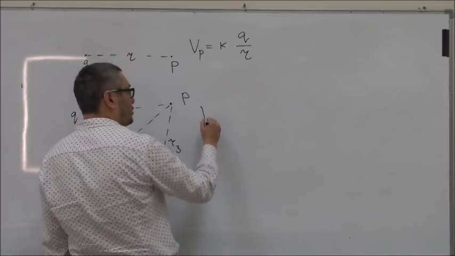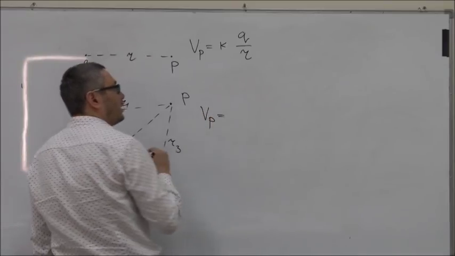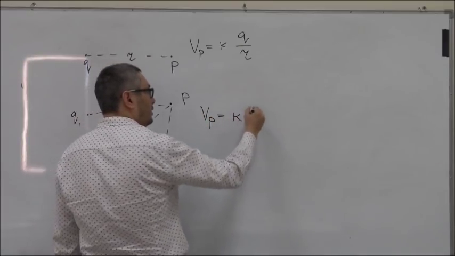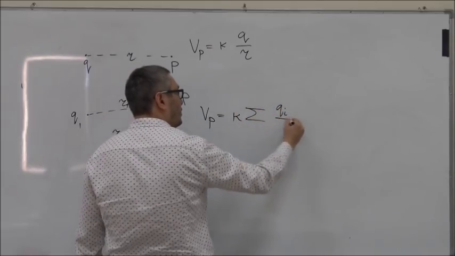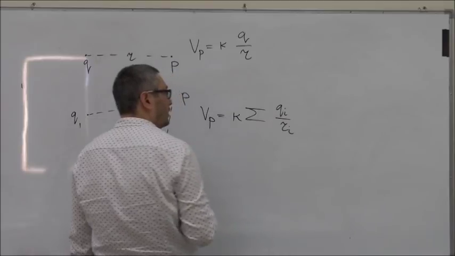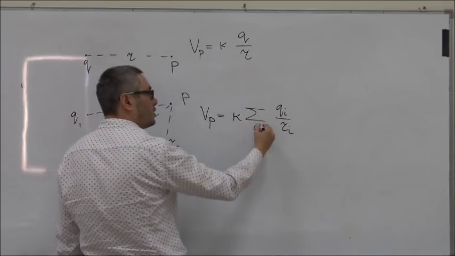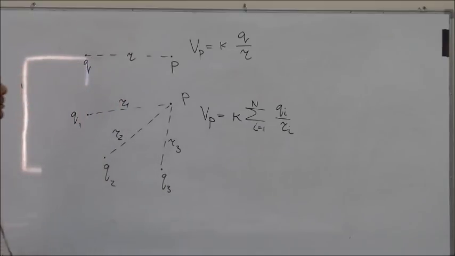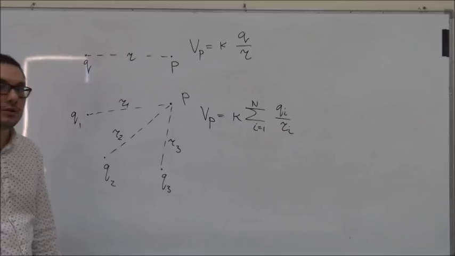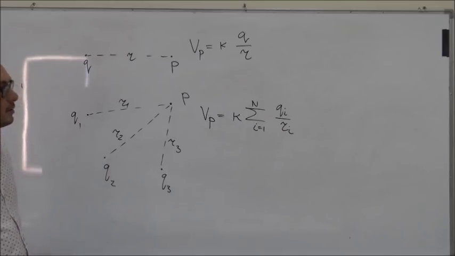So the electric potential at point P would be equal to K times the sum of all the Qi over Ri, where i is changing from 1 to n, if we have n particles. So this is what we had for an electric potential for a discrete number of charges.